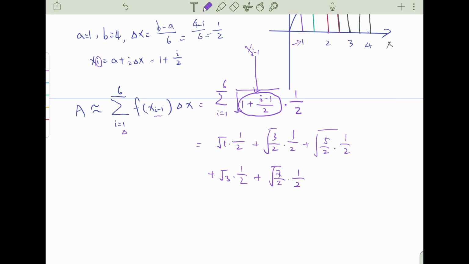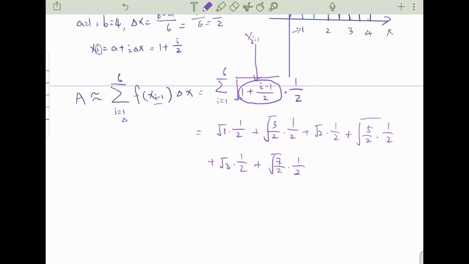So see if I'm missing any terms here. Oh, I'm missing one term. That is the square root of 2 times 1 over 2. Okay, so totally I have 6 terms here: 1, 2, 3, 4, 5, 6. And they're obtained by substituting i equal to 1, 2, 3, 4, 5, 6 in this expression.